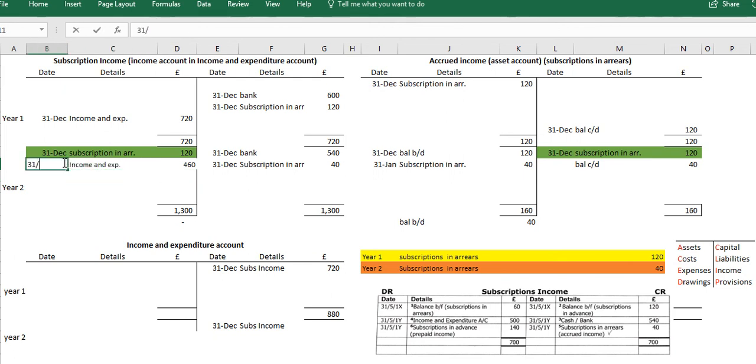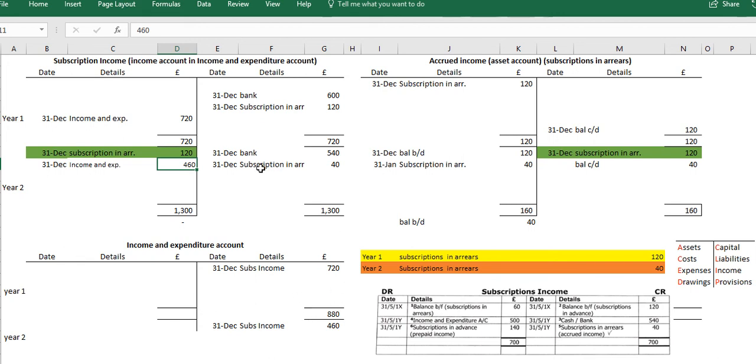That is effectively what we have earned in this period. So we're going to bring that into year 2's income and expenditure account. So we've done a debit and a credit in here, and that has emptied out our subscription income account ready for the next period.